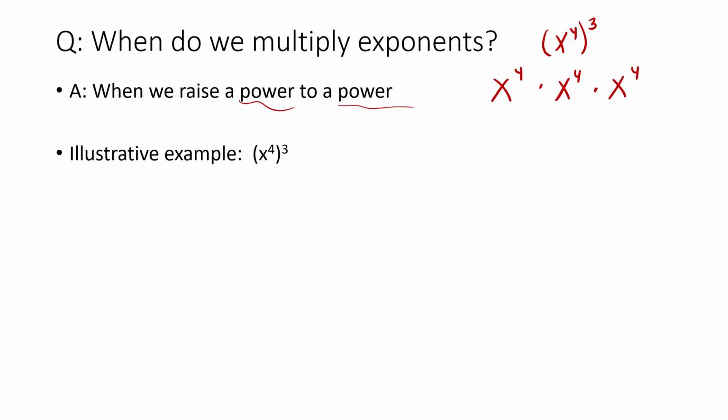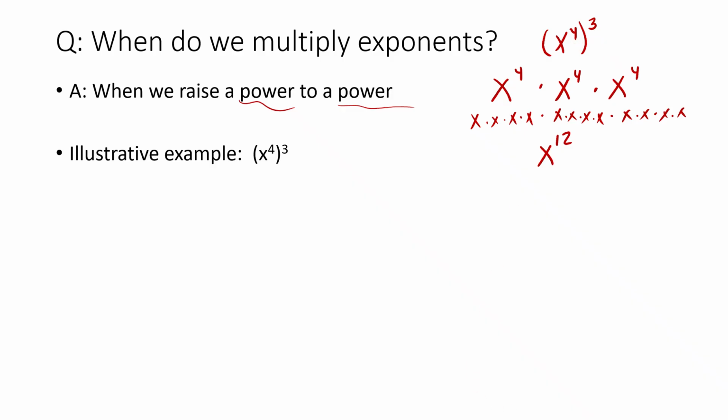So in your head, you might do this and say, okay, I got 4 x's, and then I have 4 more x's, and then I have 4 more x's, and they're all multiplied together, and 4 plus 4 plus 4 is 12. And a much, much faster way to get to that 12 would have been to do 4 times 3.